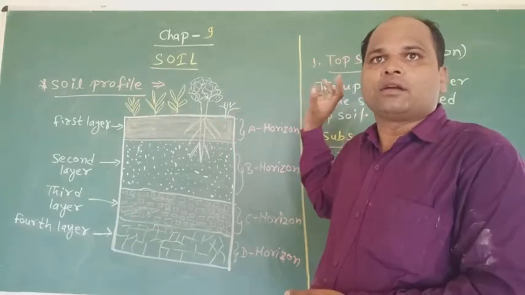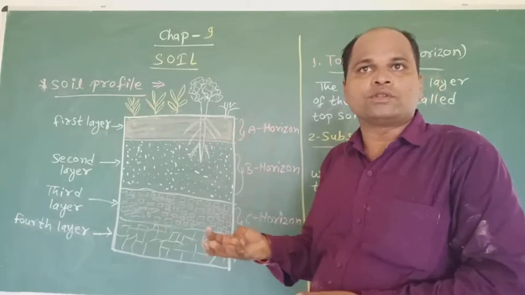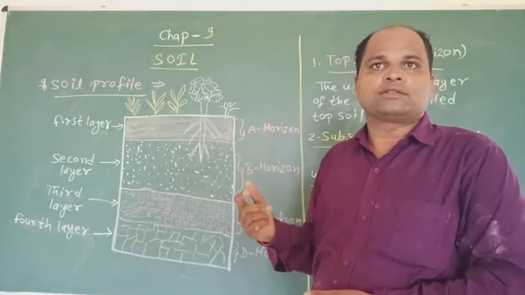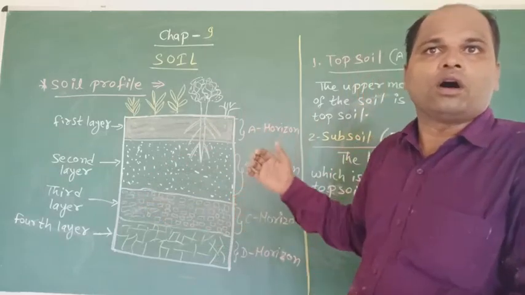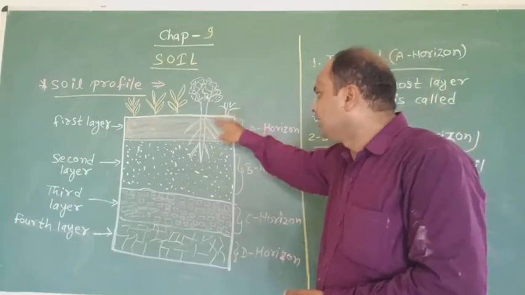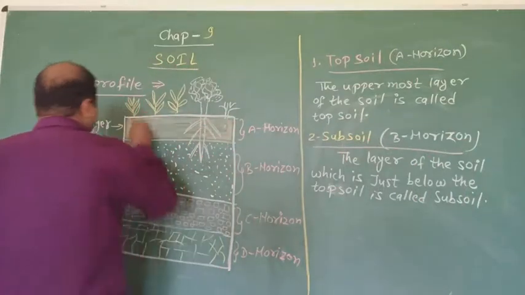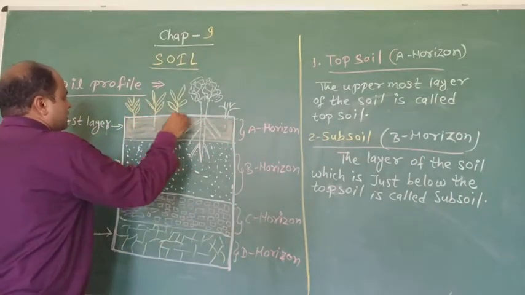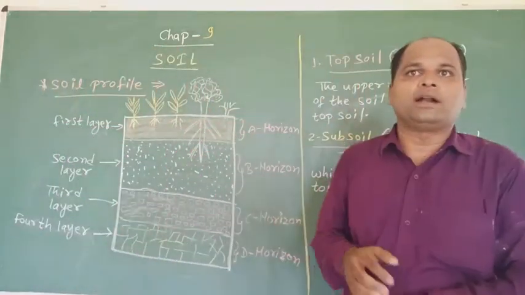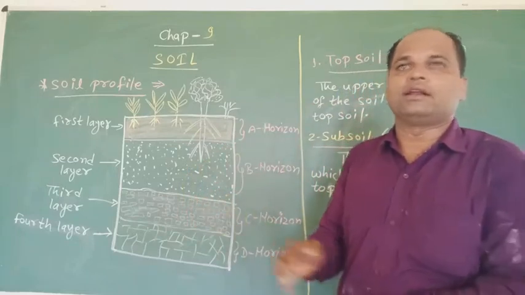Topsoil provides shelter for many living organisms such as worms, rodents, moths, and beetles. The roots of most small plants are confined to this layer.